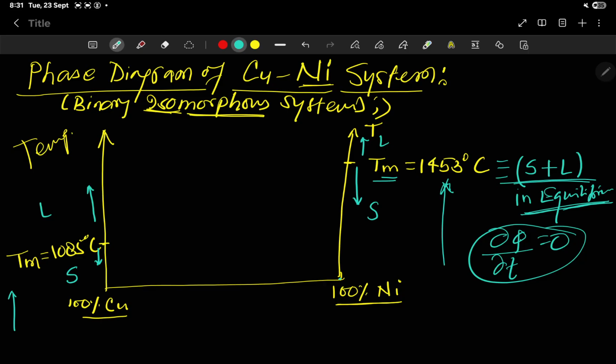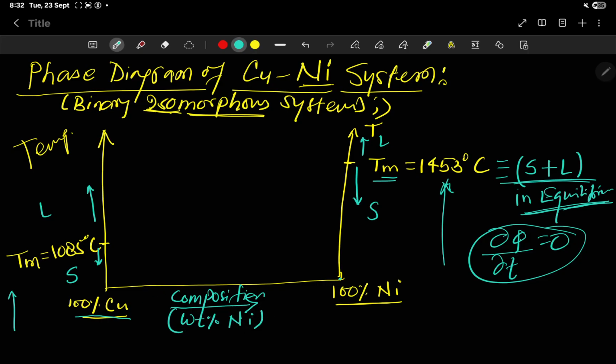Okay, so now what we are doing here, we have copper as a solvent, and we are increasing the nickel composition here. We write it as weight percent of nickel.